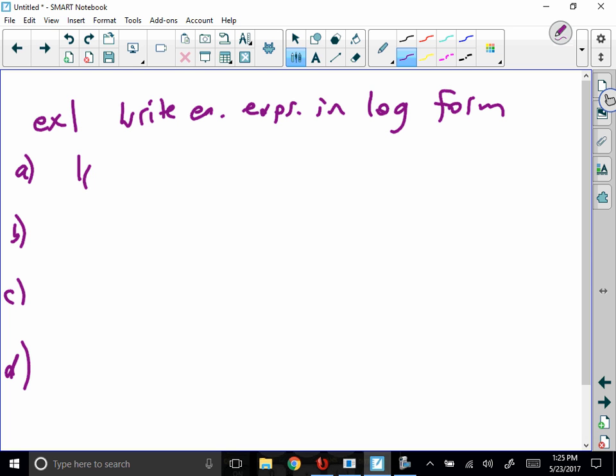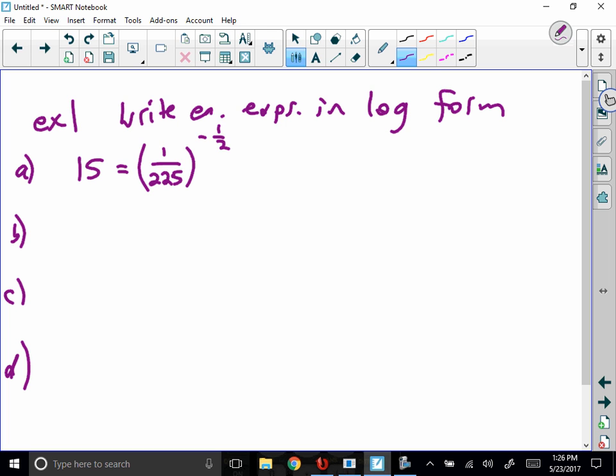Maybe we have something like 15 equals 1 divided by 225 raised to the negative 1/2 power.